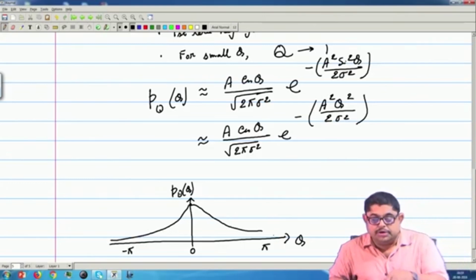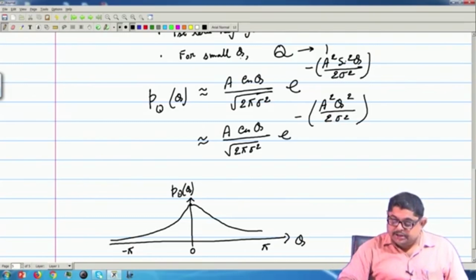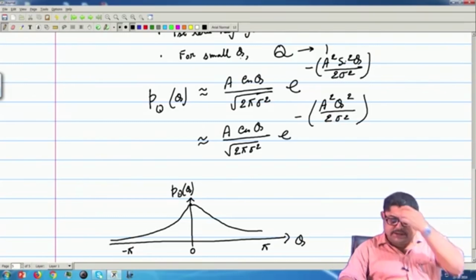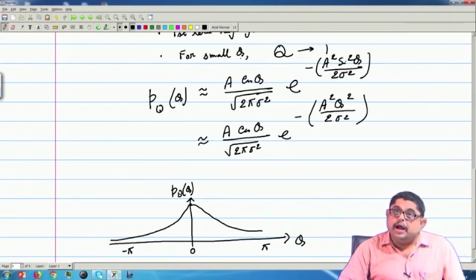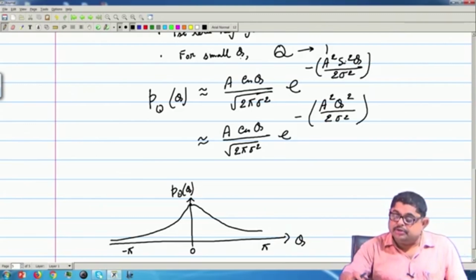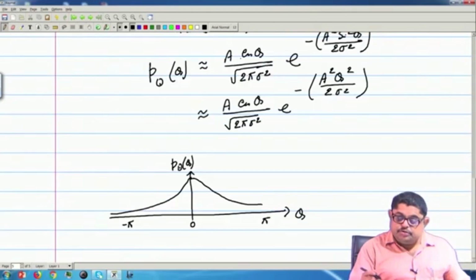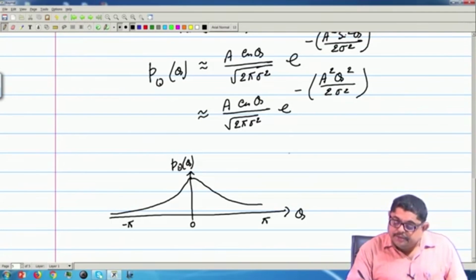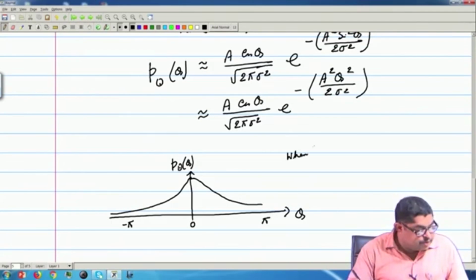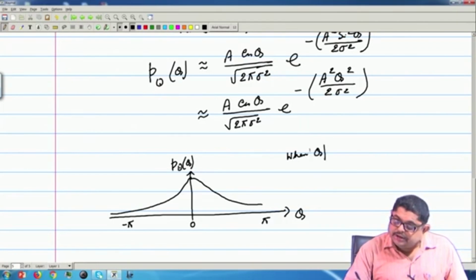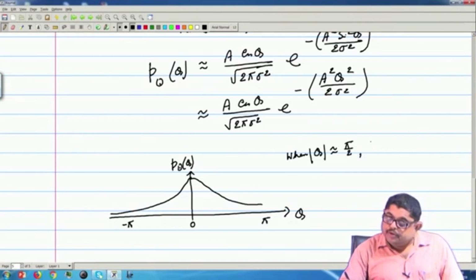But here one caution, I have assumed small theta, but when theta is near about pi by 2, I cannot have this approximation of sin square theta. So, that again needs to be checked, when theta is of the order of pi by 2, what happens to the Q function, Q of minus A cos theta by sigma.